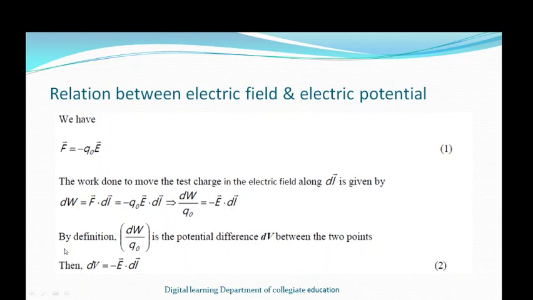We know by definition dW by q naught is nothing but the potential difference dV between the 2 points, which represents the amount of work done in bringing a unit positive charge. Therefore, equation 2, dV equal to minus vector E dot vector dl.